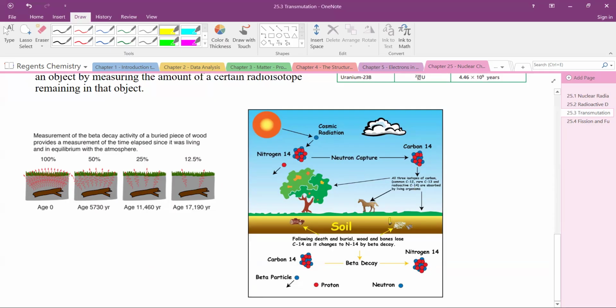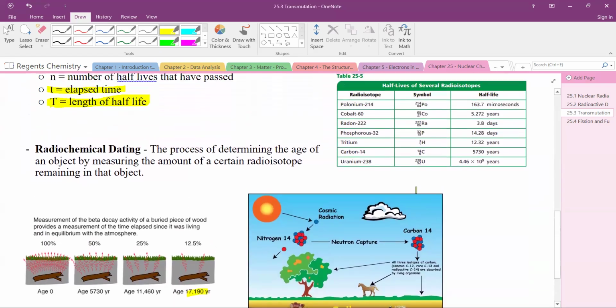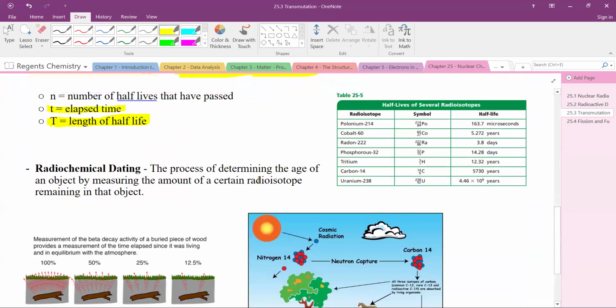And the result is that we can look at how much carbon-14 is in a remaining sample, and we can use that to date how long it was since that thing was last alive and replenishing its carbon-14. So we can look at, say, a log underground, and we can measure like, hey, if only 12.5% of the carbon-14 we expect is remaining, we know that this must be 17,000 years old, roughly. So that's how carbon dating works. Again, something you may have talked about in your earth science class.